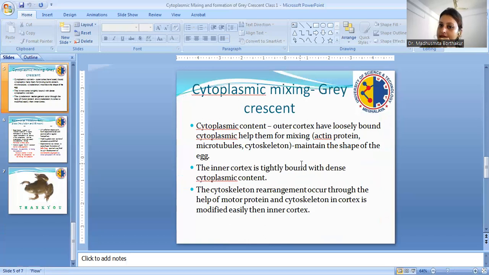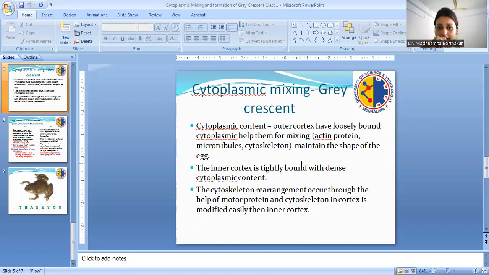The outer cortex, as I have already discussed, has loosely bound cytoplasm, helping with mixing. The actin protein helps in the formation of microfilaments, and microtubules made up of tubulin protein form the cytoskeleton, which also maintains the shape of the cell. However, the inner cortex is tightly bound with dense cytoplasmic content. The cytoskeleton arrangement occurs with the help of the motor protein.